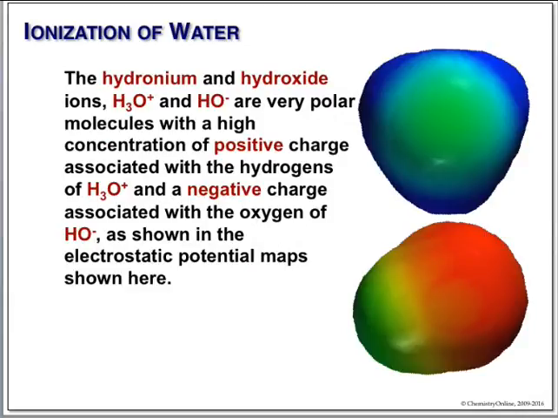These are electrostatic potential maps of hydronium and hydroxide. And again, huge blue up here, big positive charge, big negative charge. The reason that this happens at all is that water, being as unique as it is, can stabilize these.